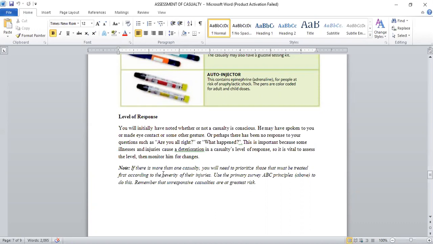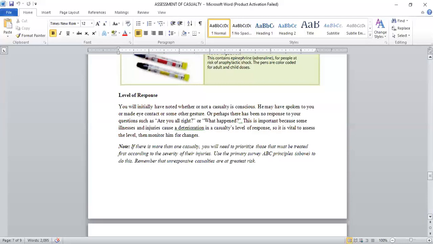If there is more than one casualty, you will need to prioritize those that must be treated first according to the severity of the injury. Use the primary survey ABC principle to do this. Remember, the unresponsive casualties are at greatest risk, those who are not crying, those who are not shouting.